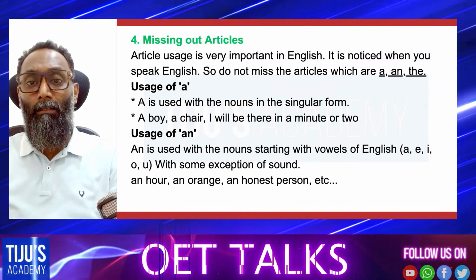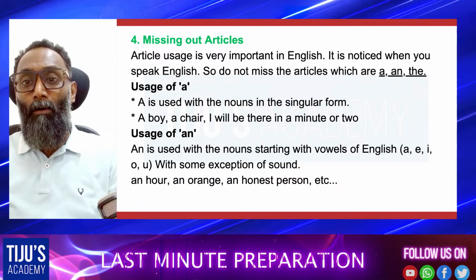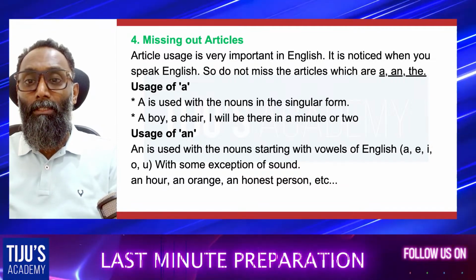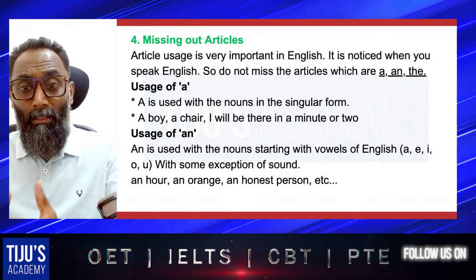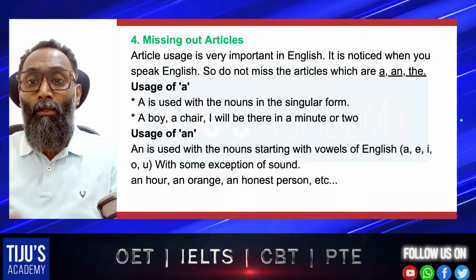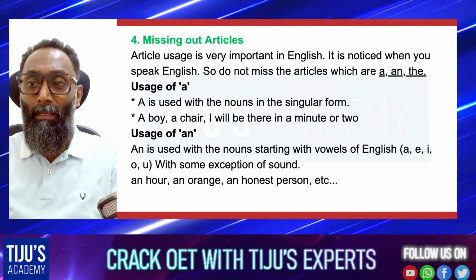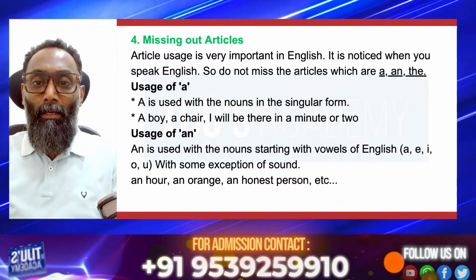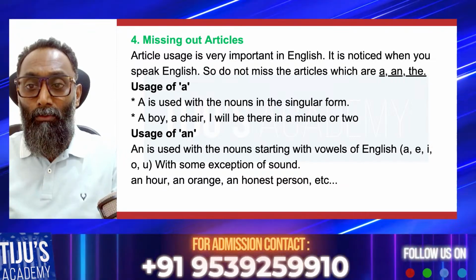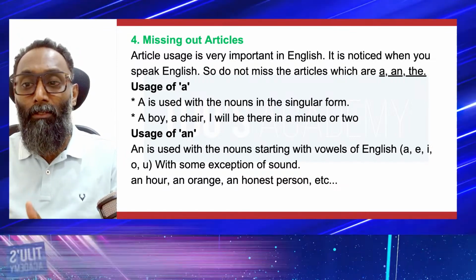Okay, let's see the fourth error that is made commonly: missing out articles. Article usage is very important in English. It is noticed when you speak English, right? So do not miss the articles, which are a, an, and the. A is used with nouns in the singular form: a boy, a chair, I'll be there in a minute or two.